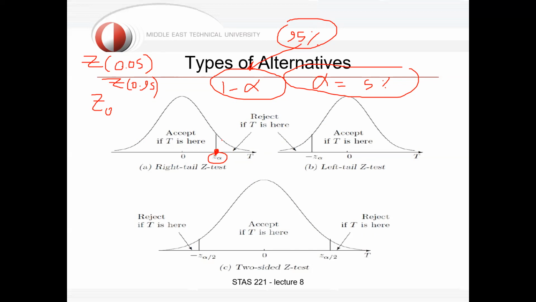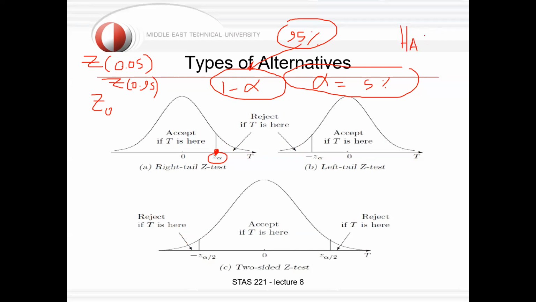But how can I understand whether I should check the right side, the left side, or both sides? There are different cases that can happen. Please be careful and pay attention to this part. It really depends on your HA.